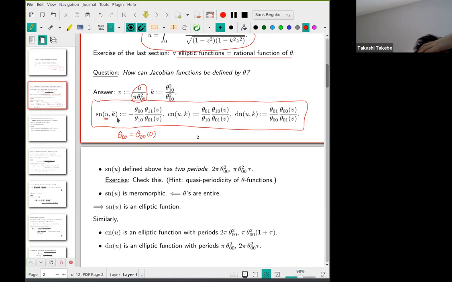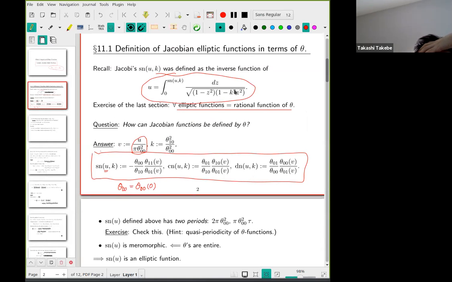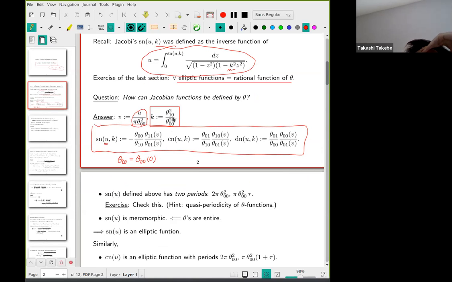And as we know, sn is defined by, sorry, modulus k. Actually, in our setting here, k is defined by a ratio of theta zero values. Later we shall check that this function really depends only on k, not just tau.